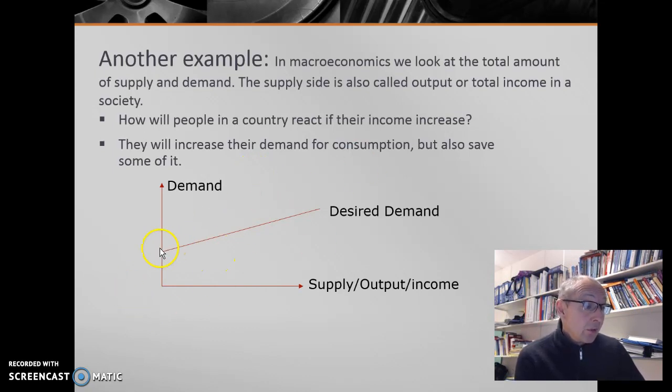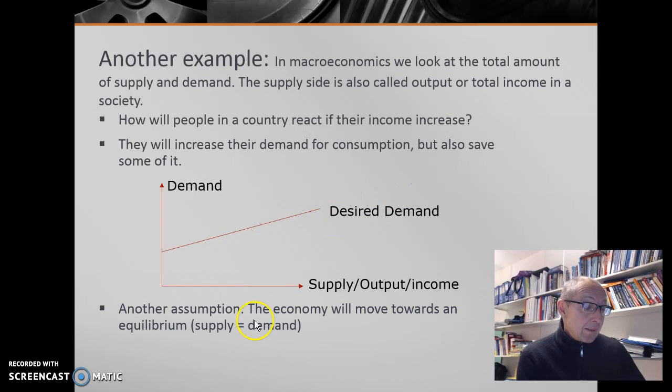So as long as we have some savings, then we get a slope less than 45 degrees. And also we start from more than zero. So if no supply or no income, then we assume we will still have some demand. So this would be what will happen to demand if we increase supply or income, this line.